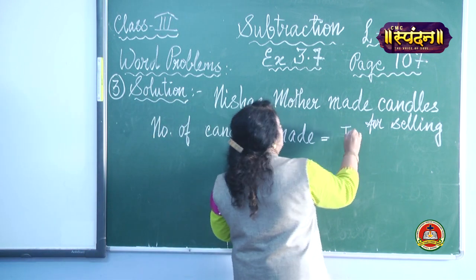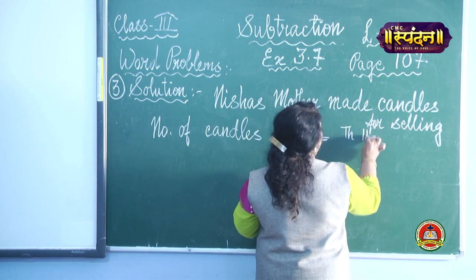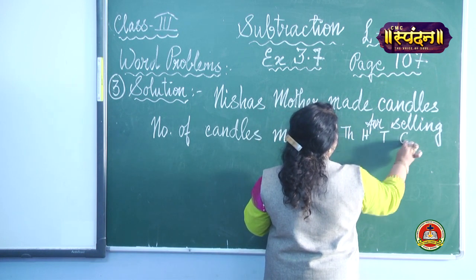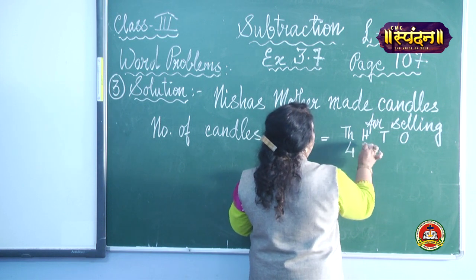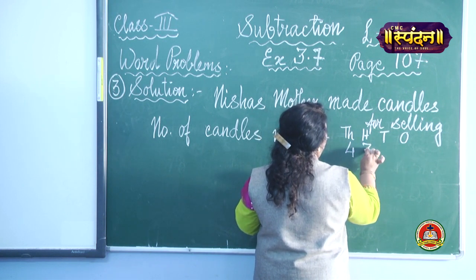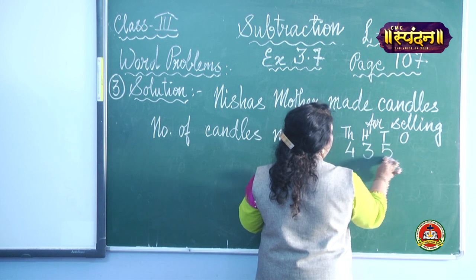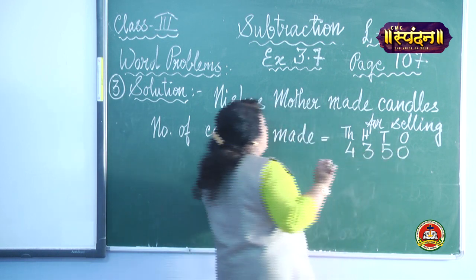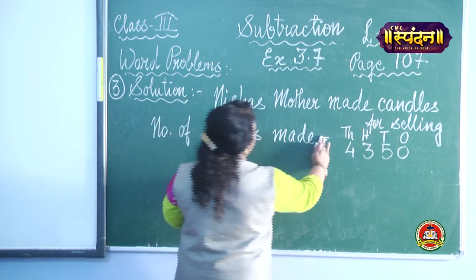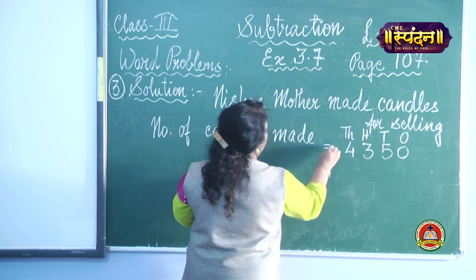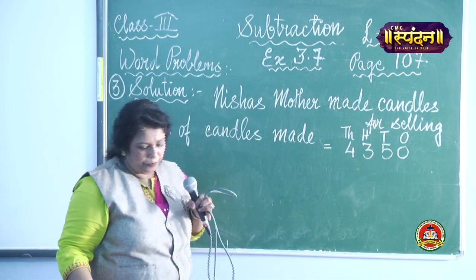Thousands, hundreds, tens and ones. 4,350, right? Okay.